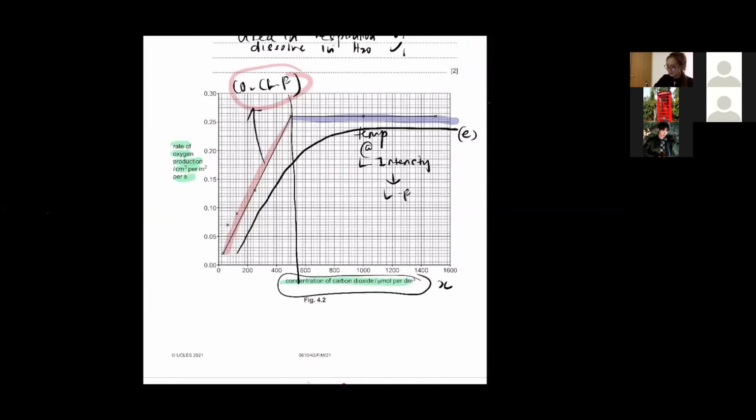I repeat again, your x-axis at the beginning will always be the limiting factors. Why? Because it will limit the rates. You guys look here. When CO2 is low, the rate is low. When CO2 increases, the rate increases. Right or not? So CO2 is the one that limits the rates. So always remember that.